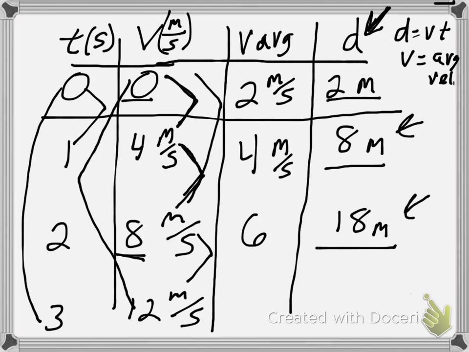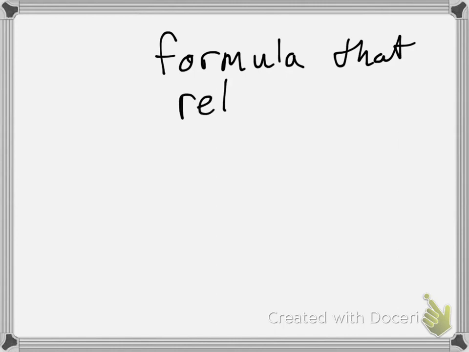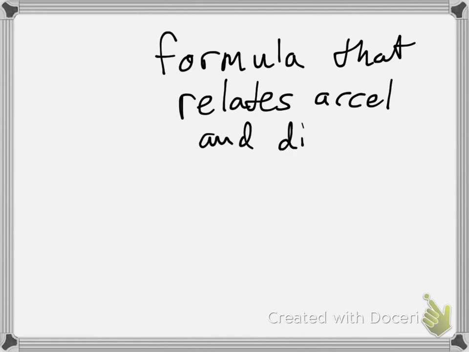These do not increase uniformly in each increment of time. Now, how can we get a formula that relates acceleration and distance?